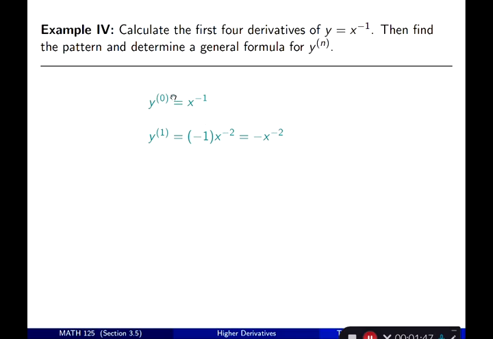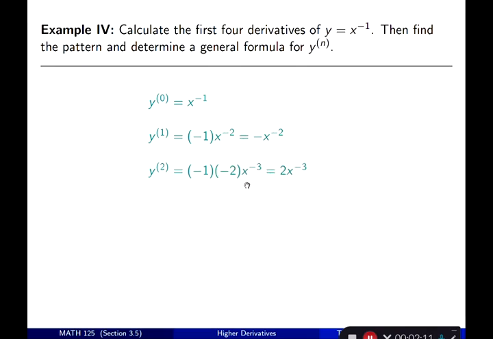That's something that comes up in Calculus 2 a lot. Y to the power parentheses 0 is the function itself, the 0th derivative, that's the original. Then y to the power parentheses 1 is the first derivative, and so that's negative 1 times x to the power negative 2, that's negative x to the power negative 2.